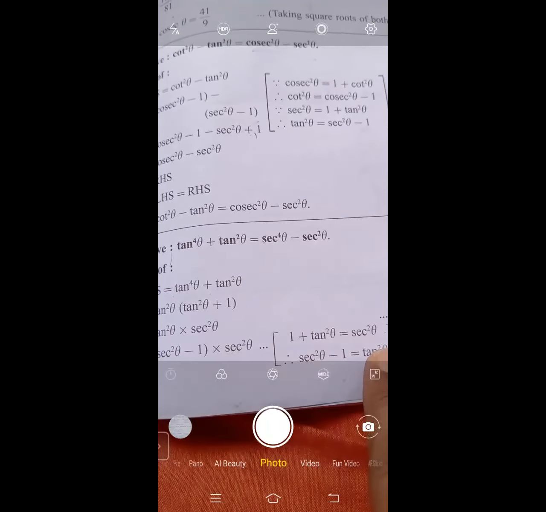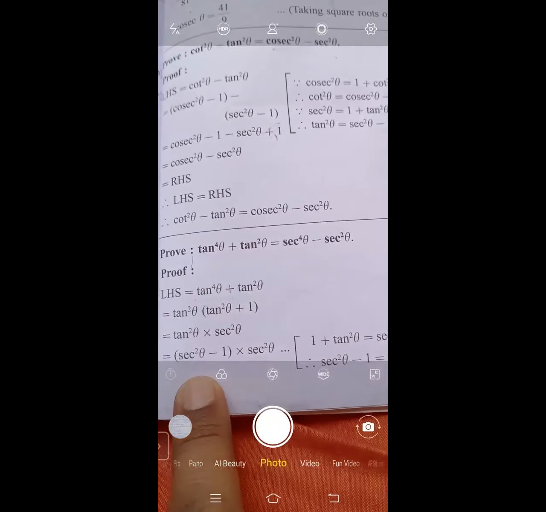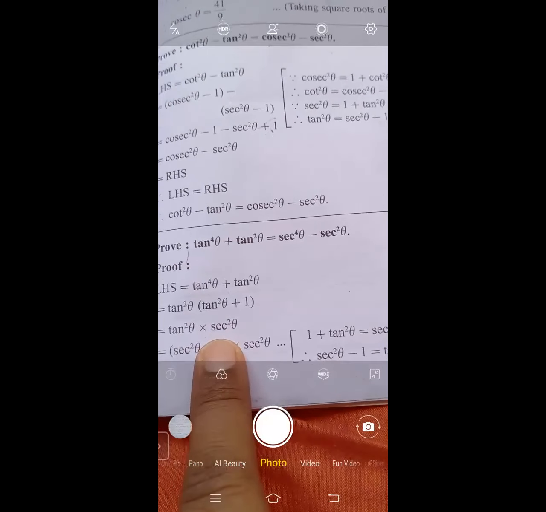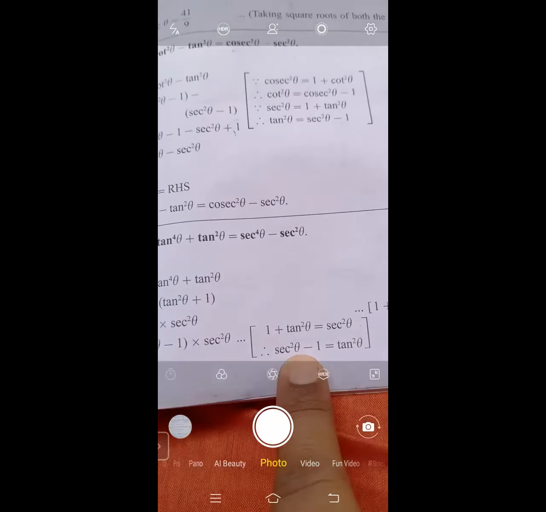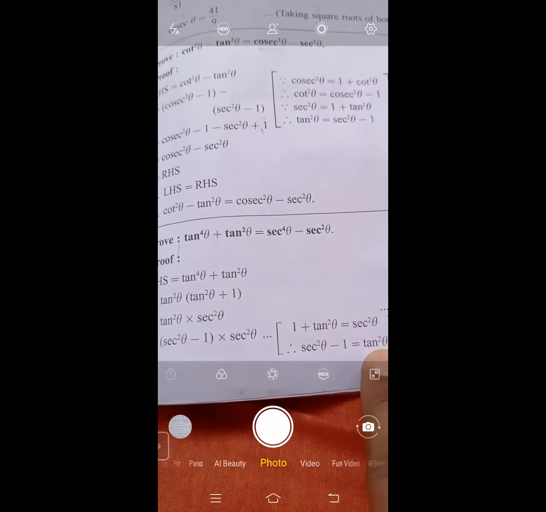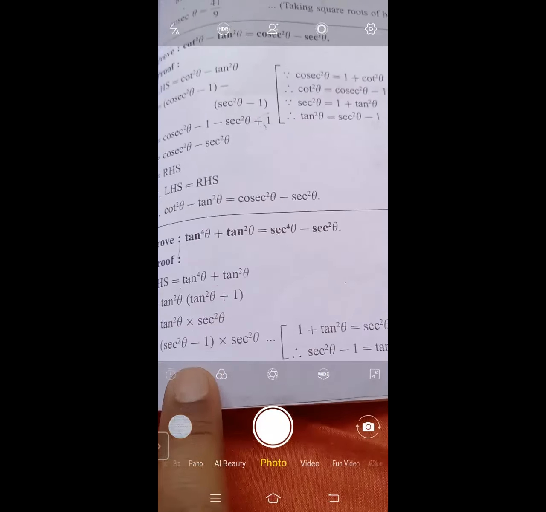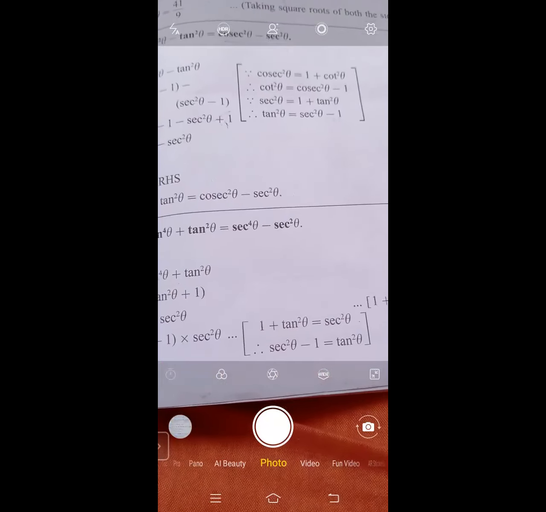So we have replaced the whole bracket, tan square theta plus 1, by sec square theta. After that, tan square theta into sec square theta. We have this identity also, and in place of tan, they have changed tan into sec. You can see over here.